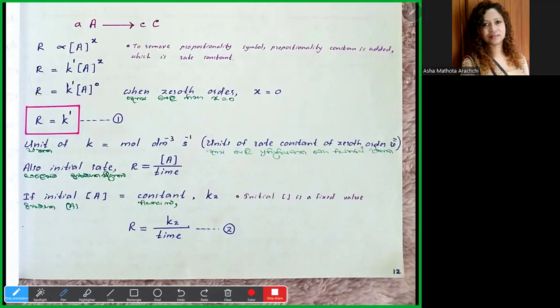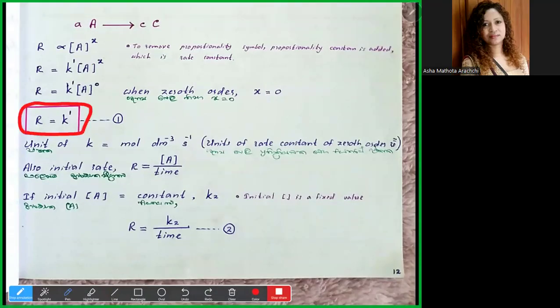Then, remember earlier I said k units depend on the order. Since here k equals r, what are the r units? R units are concentration divided by time. So the r unit is mole per cubic decimeter per second, which becomes the units of k. Okay, another piece of knowledge. Then if my first equation is r equals k prime, my second equation, if I go with the initial rate, equals initial concentration divided by the time.